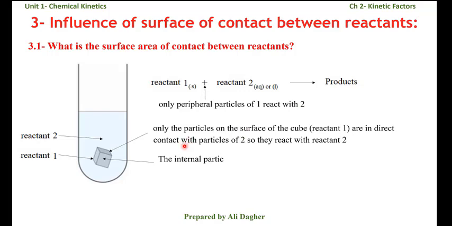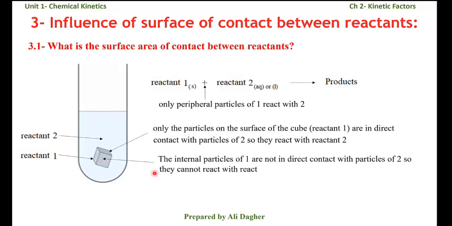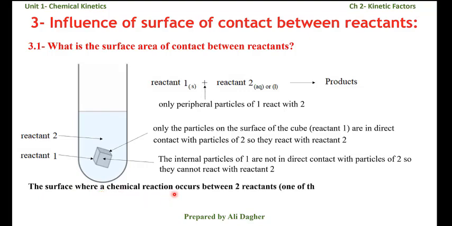While the internal particles, the particles inside the cube, which are not in direct contact with particles of reactant 2, cannot react with reactant 2. Only the peripheral particles of reactant 1, the solid one. Then, the surface where a chemical reaction occurs between two reactants, one of them solid, is called the surface area of contact between reactants.